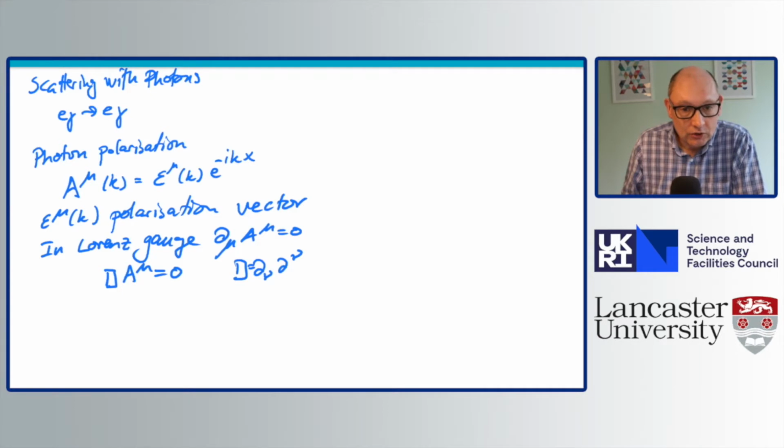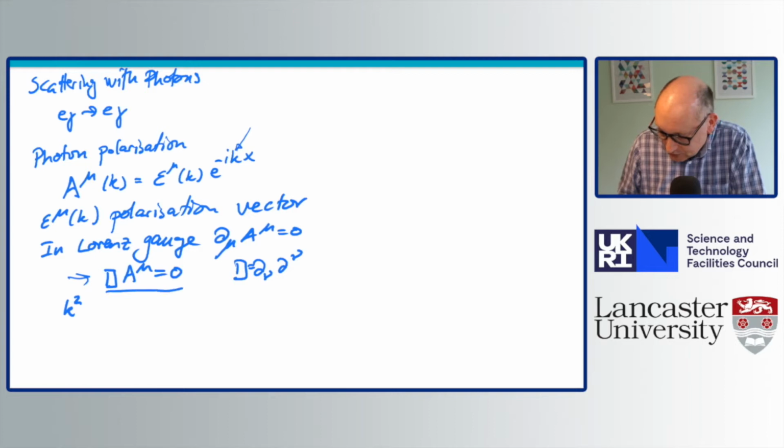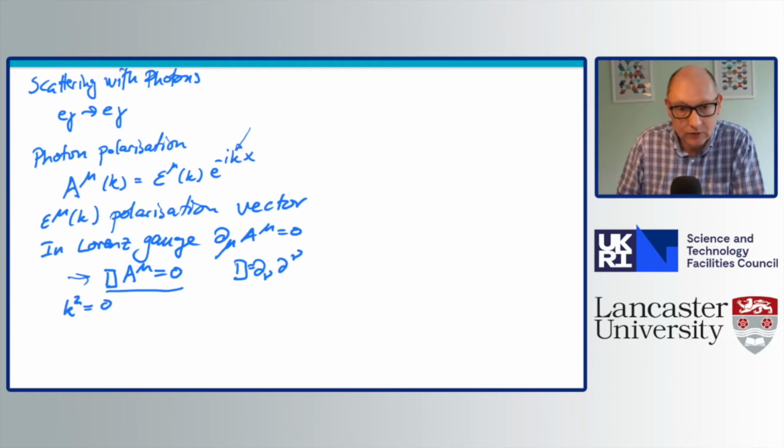Good. So this equation here imposes a constraint on k, because when we take the derivative with respect to d_nu, we get a minus i k_nu down, and then we take a derivative again, which gives us another minus i k_nu. The two k_nu's contract and give us a k squared. So this wave equation here imposes that k squared must be equal to 0.